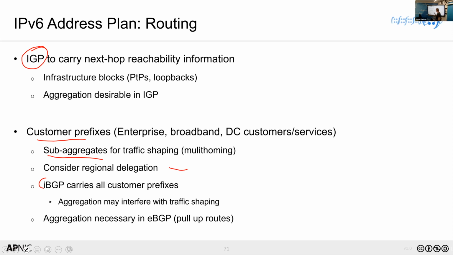So be careful. Aggregation may interfere with traffic shaping. And if you are doing aggregation to your eBGP speaking neighbors, your upstreams, make sure you do your pull-up routes. Good network hygiene.